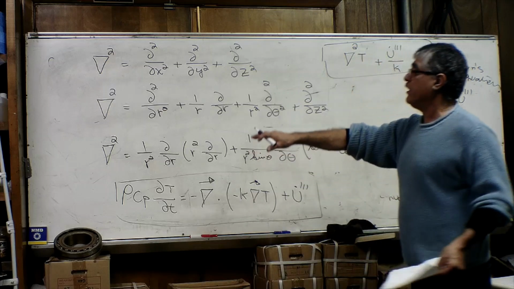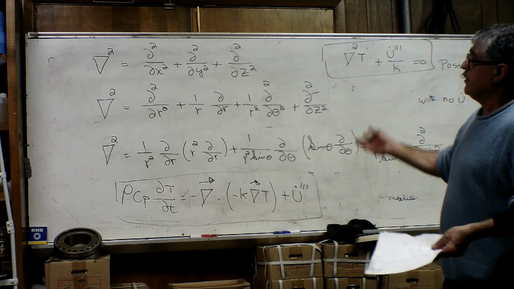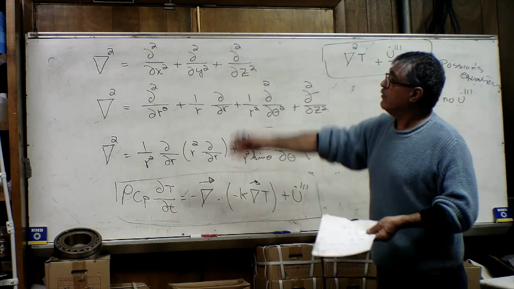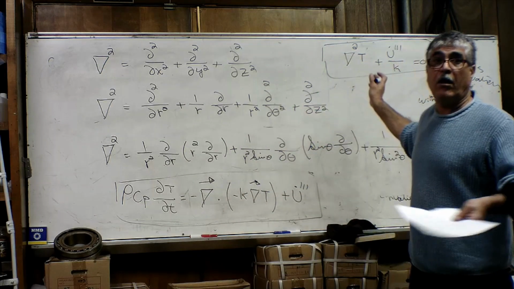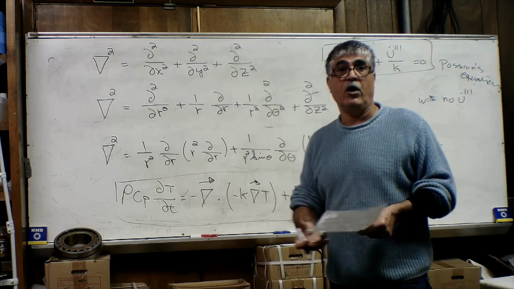And this is del squared in spherical coordinates. So we can use these values for del squared and write our equations in all coordinate systems.